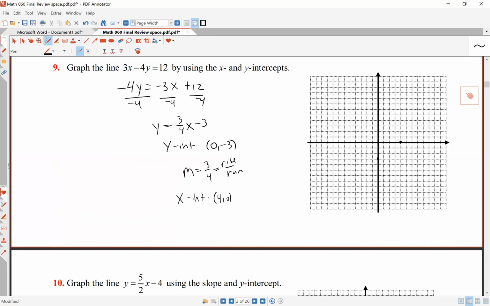But then we continue on and rise another 3 and run another 4. So we can't go any further. Down 3 and left 4.